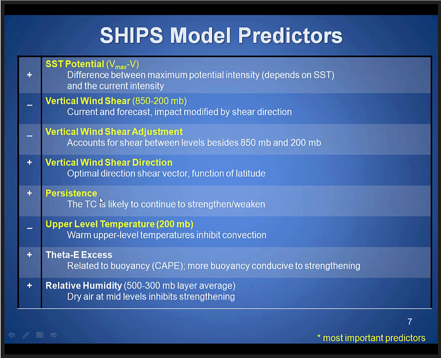Persistence, again: if it's getting stronger, keep making it stronger. And then lastly, upper level temperatures. We're looking at deep convection driving tropical storm and hurricane intensity, so if it's colder aloft, you'd have a bit more CAPE and likelihood for deep convection to continue. The other factors are a little less prominent.